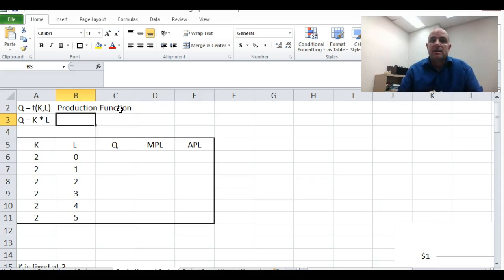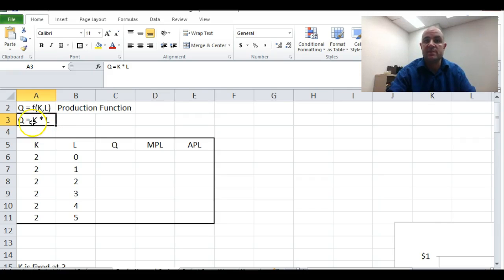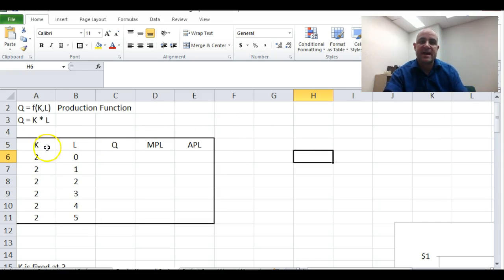So, for example, let's say that this production function is quantity equals the amount of capital you have times the amount of labor. Now when we look at this, in the short run, capital is fixed. So we assume that we have 2 units of capital. So let's look at how much output we get from 0 units of labor, 1, 2, 3, 4, and 5.